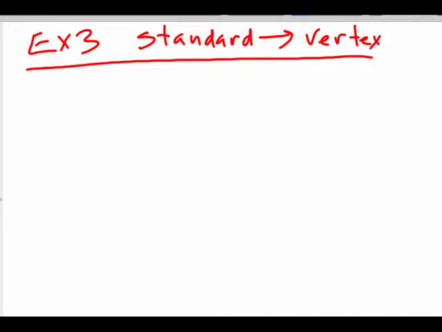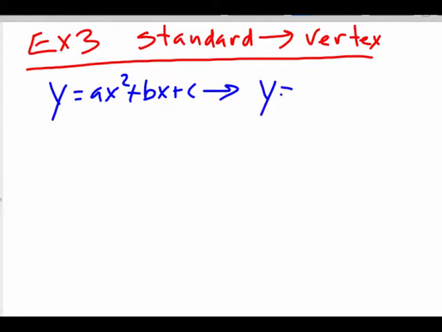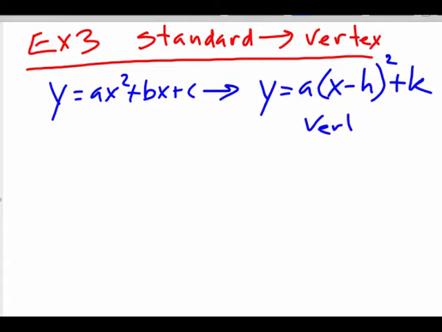So if I have y equals ax squared plus bx plus c, that's the standard form. And I want to convert that to y equals a times the quantity x minus h squared plus k. Now here the vertex is h comma k.